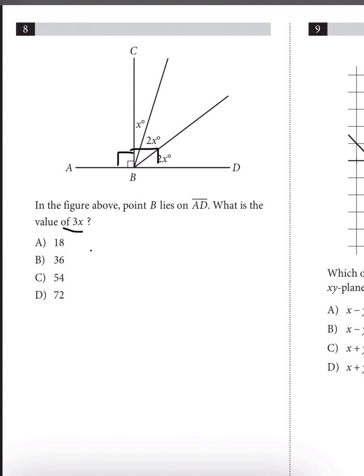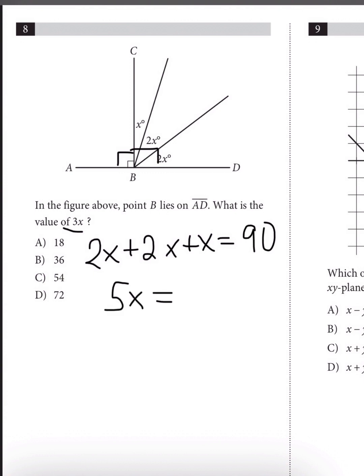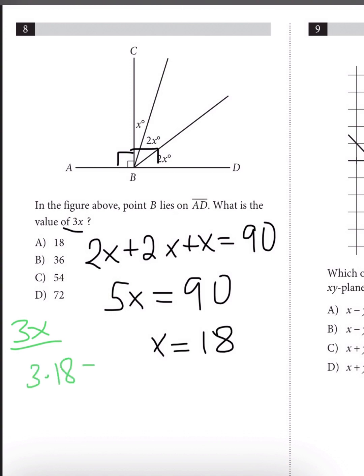Then all we have to do is 2x plus 2x plus x equals 90. And then we combine this and we get 5x equals 90, and x gives us 18. Now we have to find 3x. So we do 3 times 18, which gives us 54. So the answer is C.